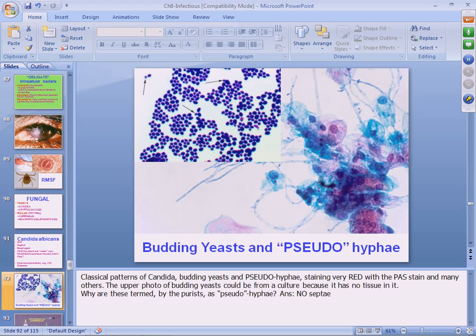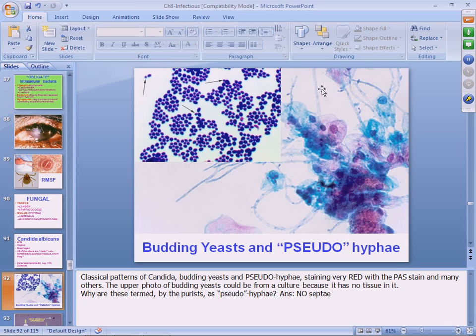Here's the typical appearance of a ball. Some of them have a little ball connected to the big ball. That's a budding yeast. That's classical for Candida. There's another bud over there. And here is a scraping, and I don't believe this is a fungal stain. I believe this is either a Pap stain or perhaps a modified Pap stain. But do you see these little hair-like particles, and they interdigitate with each other and form this kind of mass with the squamous cells?